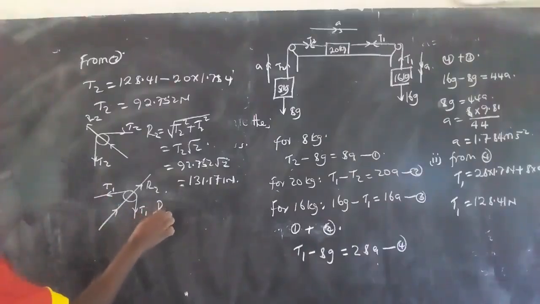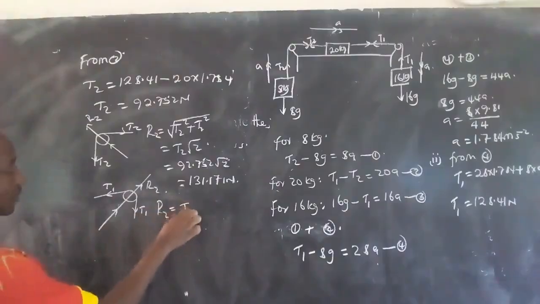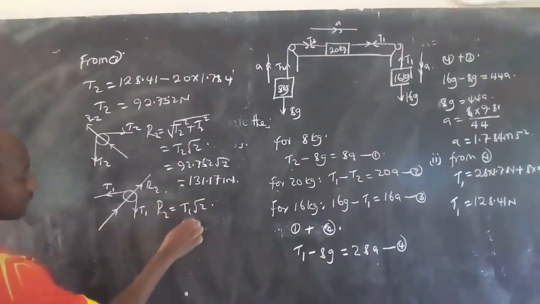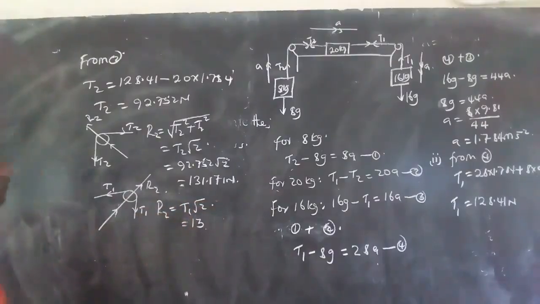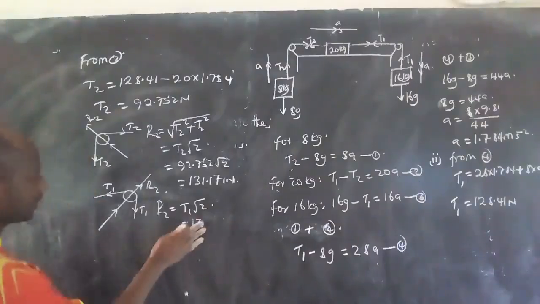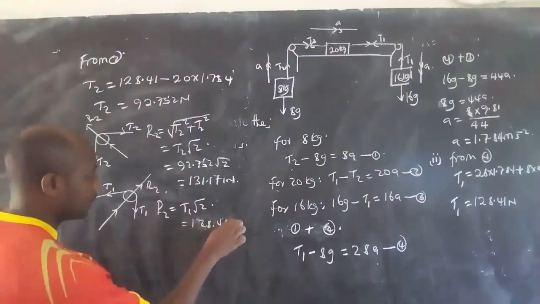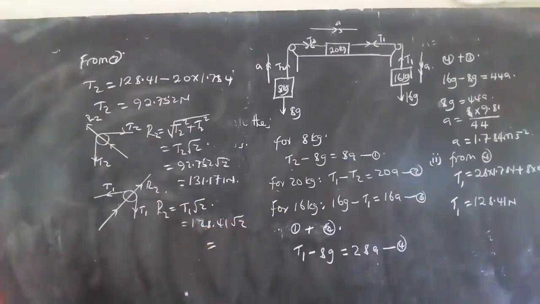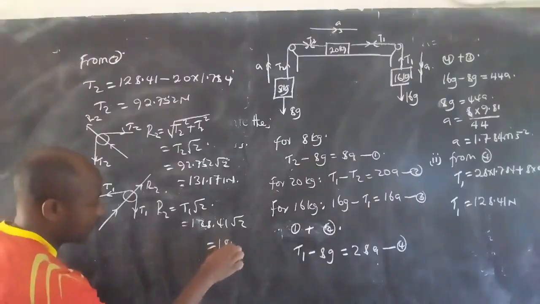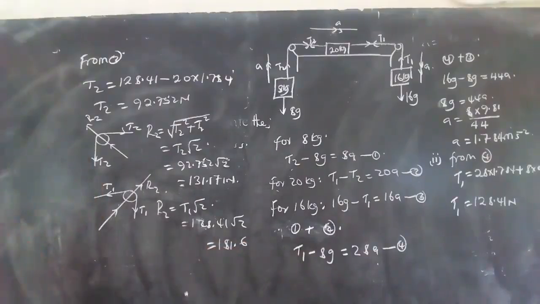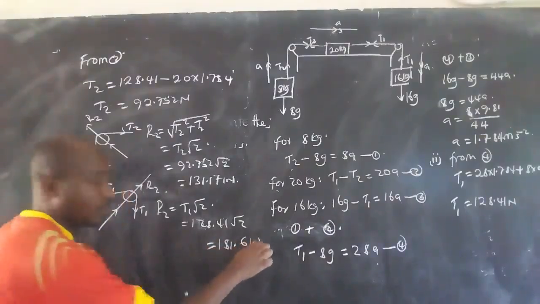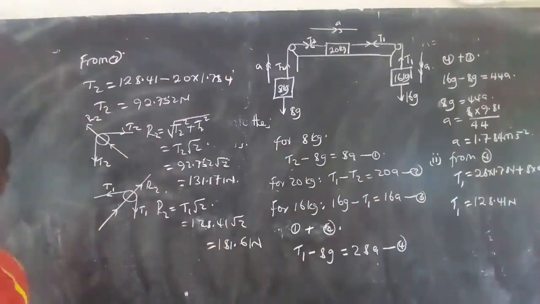So normal reaction R1, we've already said that it is T1 times root 2, which becomes 128.41 times root 2, which gives us 181.61 newtons.